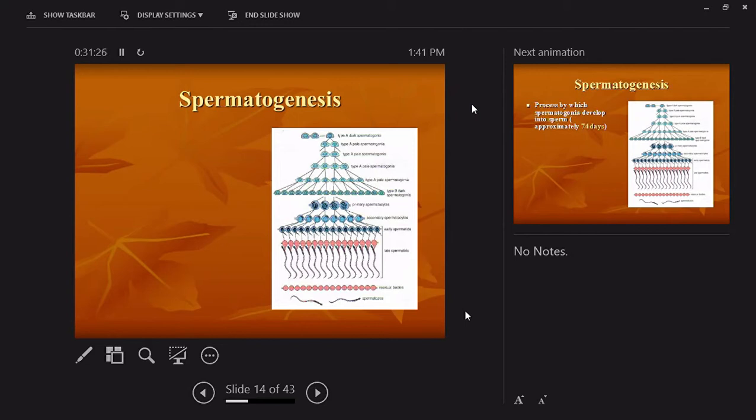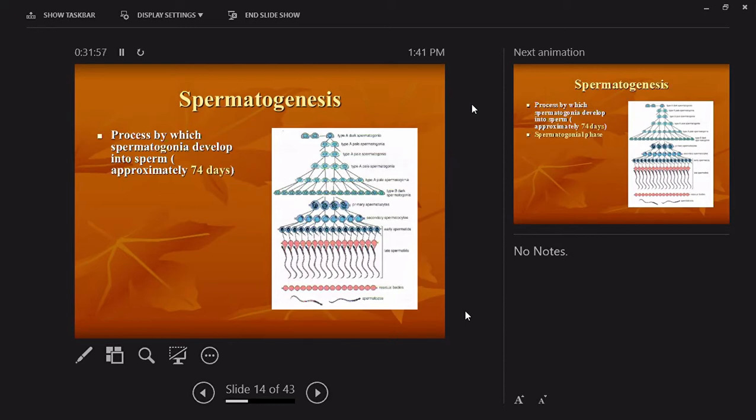Anyway, it is in the book. Just to tell you to know this, because later on when you study it, it's important you will know the X, Y, and the N. The process by which spermatogonia develop into sperm takes approximately 74 days.